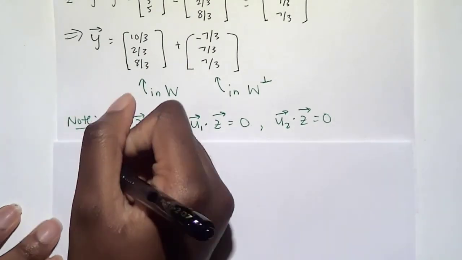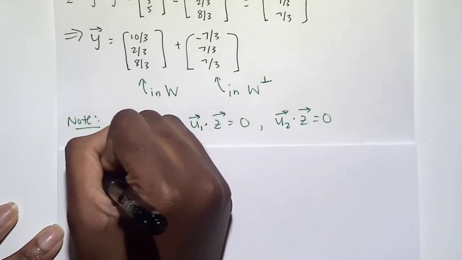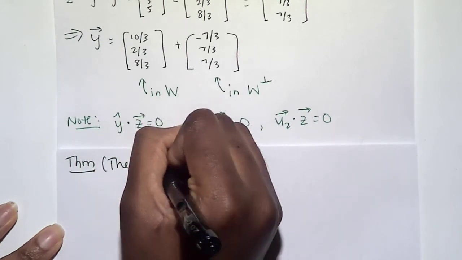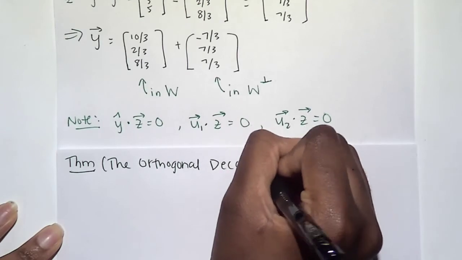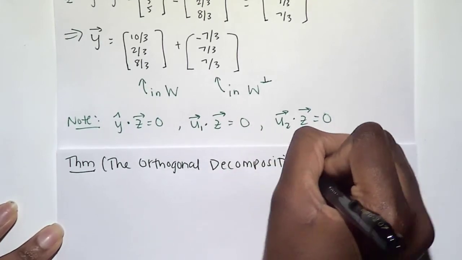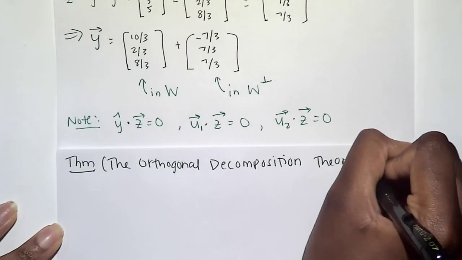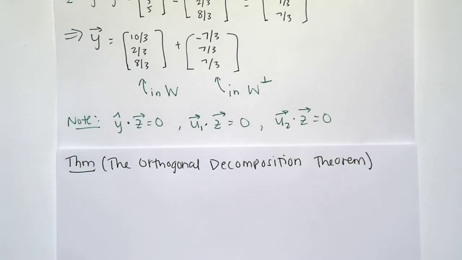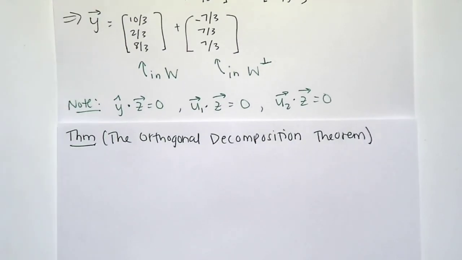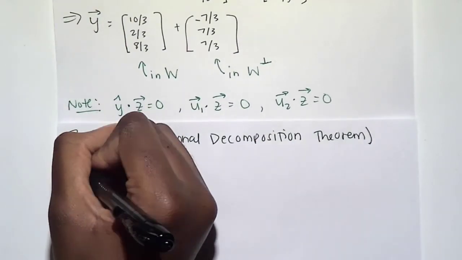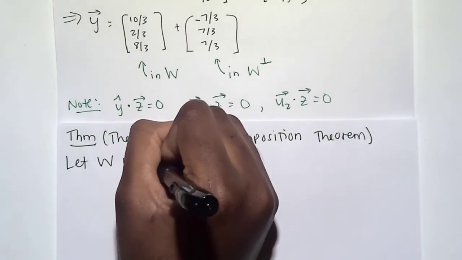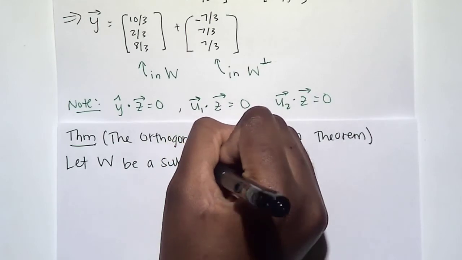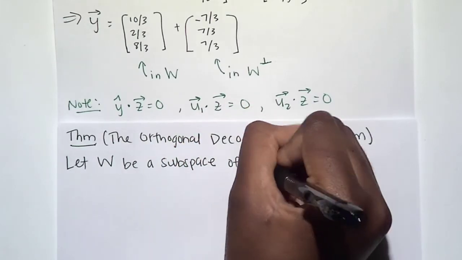This is a named theorem, so we definitely need to know what it says. The orthogonal decomposition theorem. It basically says what we just did. We're just going to summarize it all in a nice little neat bow. It says, let W be a subspace of R^n.